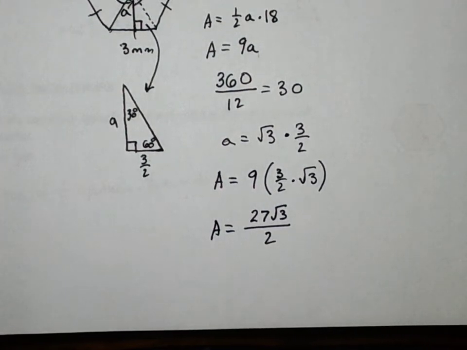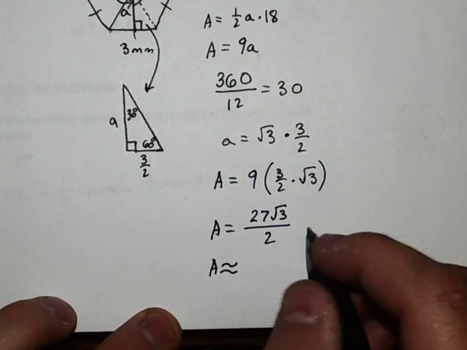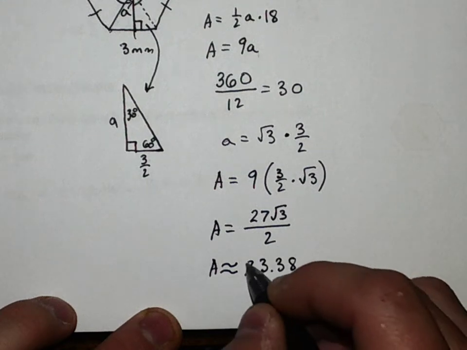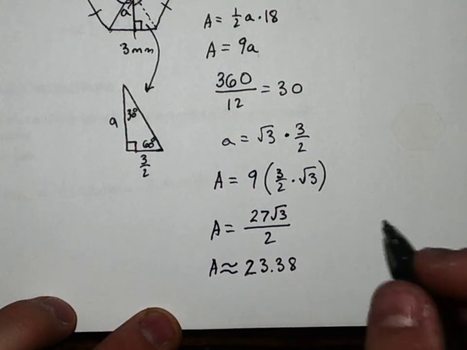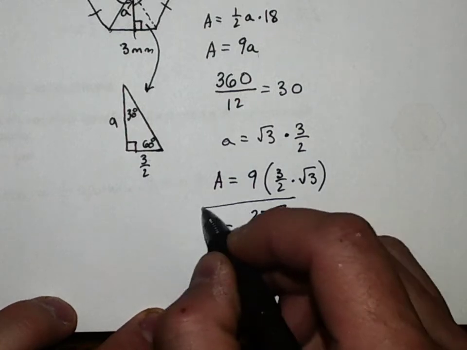If you wanted to, you would take that and plug it into your calculator. Take 27 times the square root of 3, divide it by 2, and you get an area that is approximately 23.38, and that would be millimeters squared.